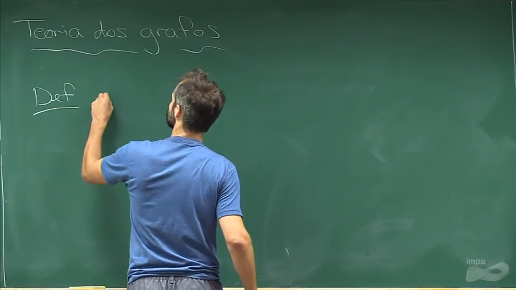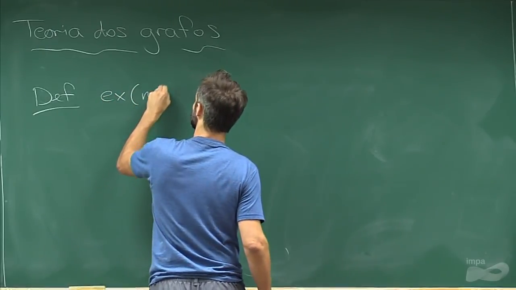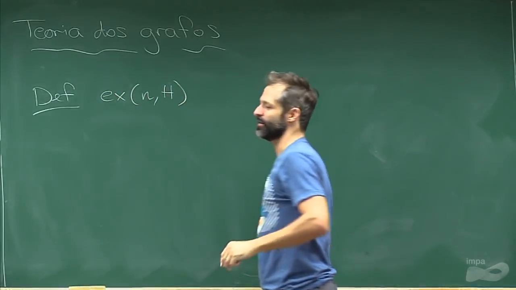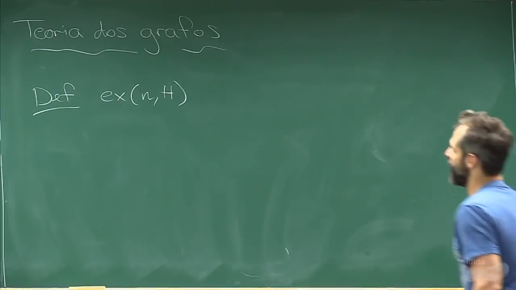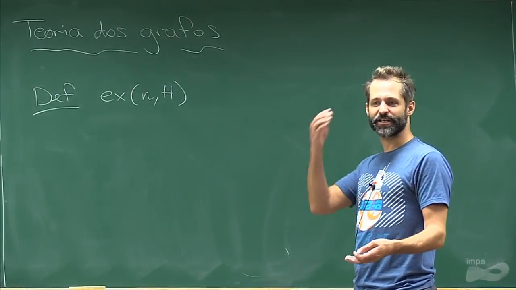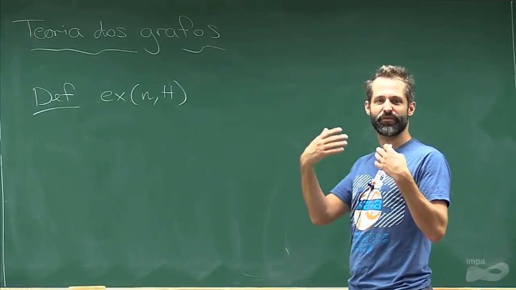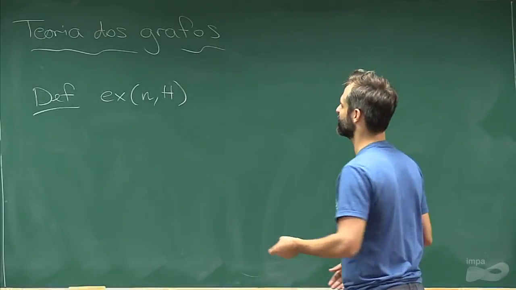Okay, so what's the definition? Remember that we're interested in extremal problems. So what's the most basic extremal problem you could ask about graphs? Well, you could ask how many edges in a graph force a copy of another graph.